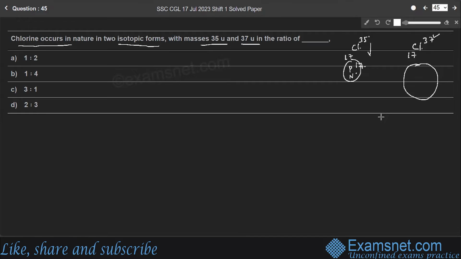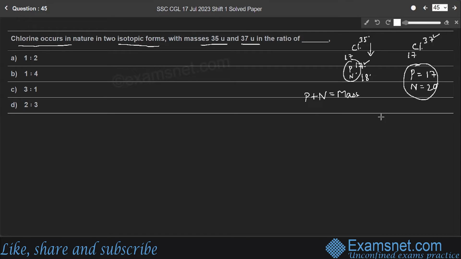In the first isotope, chlorine has 17 protons, which is the atomic number, and the sum of protons plus neutrons is the atomic mass of an atom, right? Here protons equal 17, so the number of neutrons will be 18. In the second isotope, the number of protons is 17 again, but the number of neutrons will be different, which is 20.